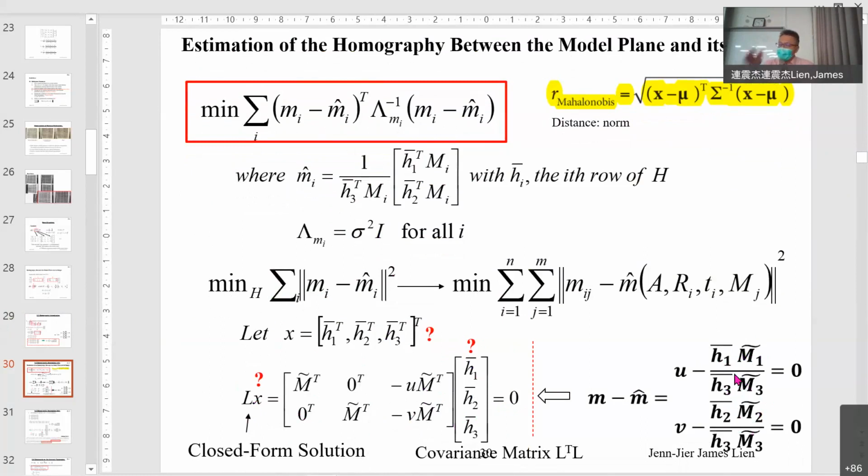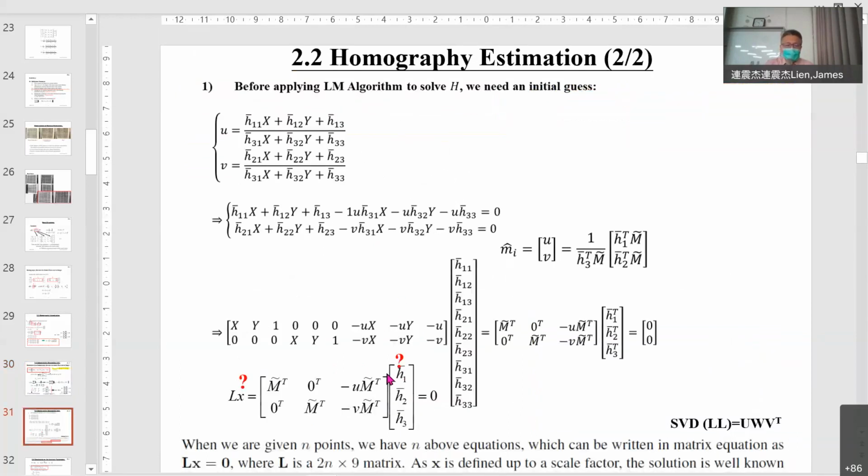You cannot solve it. You should separate them, so that this is the unknown term and this is known. M is the 3D position. UV is the 2D corner position, so it becomes this one. For the detail, I write it here. So this becomes an Ax equal to b problem, with b equal to 0.